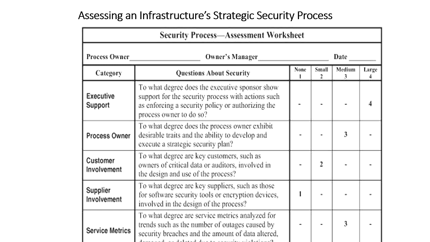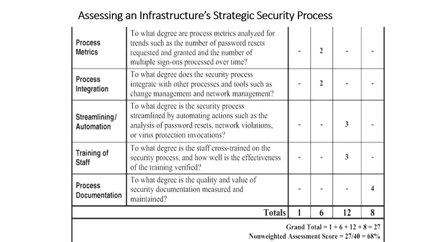Then with the customer involvement, you get a question like, what is the involvement of the customer in that. Later on, for the supplier involvement, you get a question like, what is the main part of a supplier regarding the security policies. Then for the process metrics, a question arises like how the process is done, how it is analyzed based on the number of multiple sign-ons, the password reset option, and all.